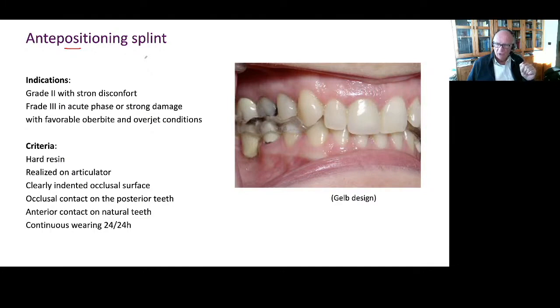And after, you cannot keep the patient in a splint for years and years. You have to have a stabilization phase. And stabilization phase means prosthetic or orthodontic. That is invasive treatment, and the decision for invasive treatment will be discussed at the end of the lecture.